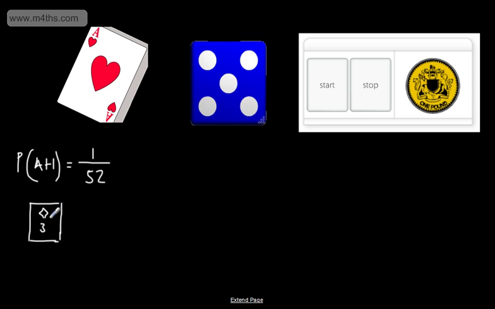If I put this card back, the probability of the ace of hearts on the next one would still be 1 out of 52. If I didn't put it back, the probability of the ace of hearts would become 1 out of 51. There's still only one ace of hearts, but there are only 51 cards.